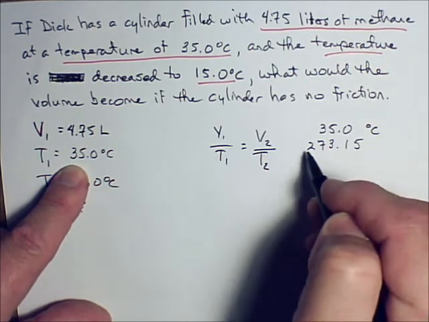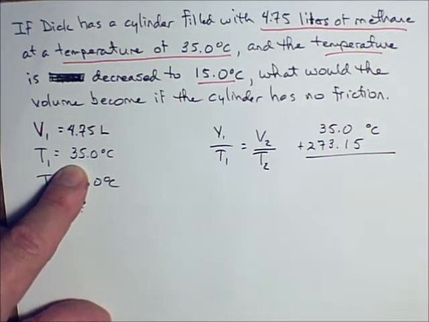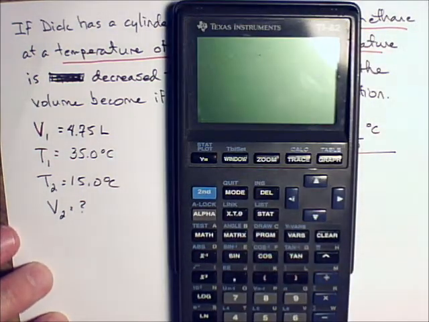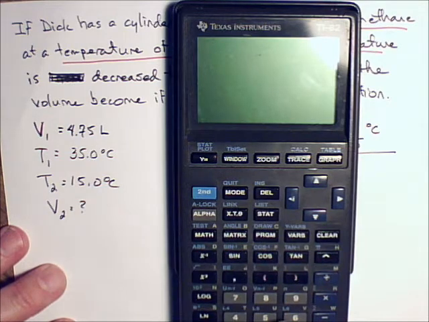273.15. That's what we're going to add to that to get the Kelvin temperature. Yes, do that for both the temperatures. Okay, so we got 35 plus 273.15.